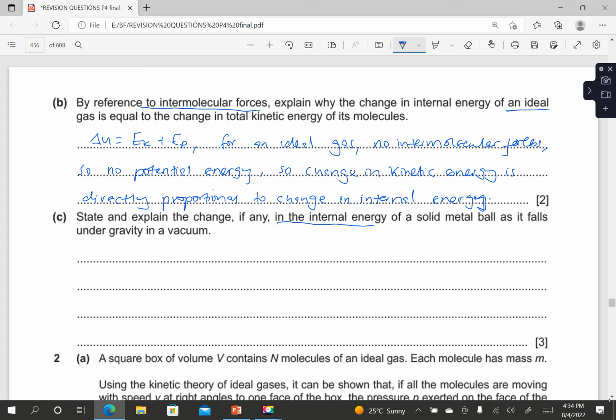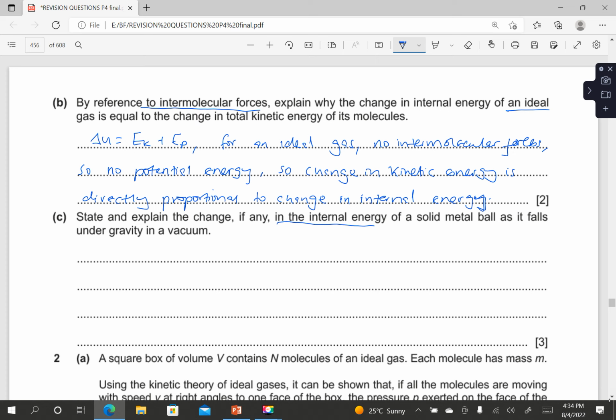Alternatively, the potential energy of the molecules does not change inside the ball. The kinetic energy of the molecules does not change. Nothing is happening to the ball inside. It's not the same as talking about the potential energy of the ball. We are talking about the molecules. So I think I will give three opinions.